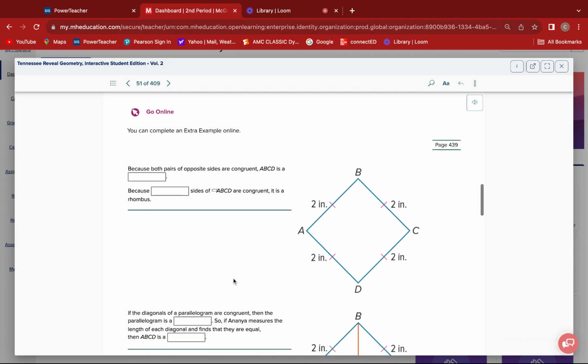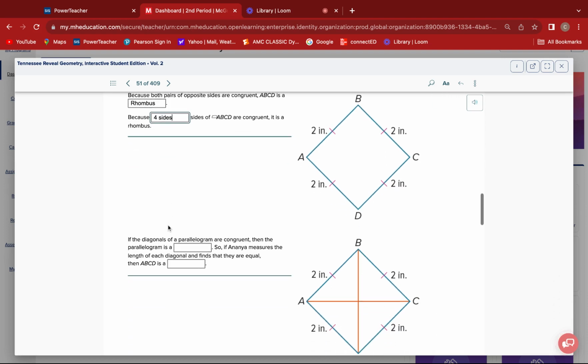Because both pairs of opposite sides are congruent, ABCD is a rhombus by definition, because the 4 sides of ABCD are congruent.